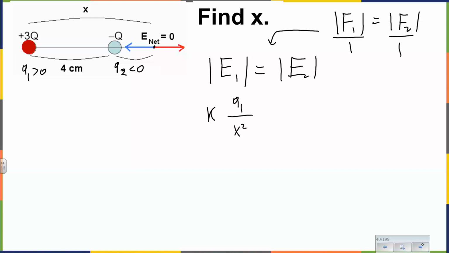How do I know? Well, it's given to me. This is what I'm looking for, x. Should be equal to the constant times magnitude of a second charge. And now I need to do this distance. Well, now the geometry tells me this distance should be equal to x minus 4 centimeters. Let's convert into meters squared.